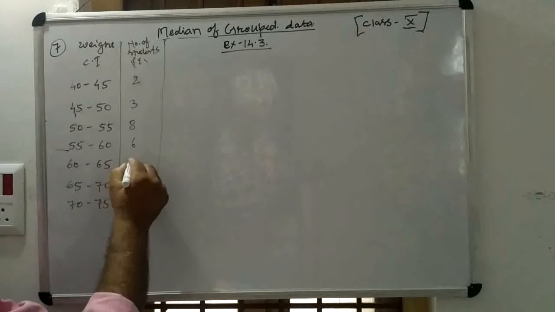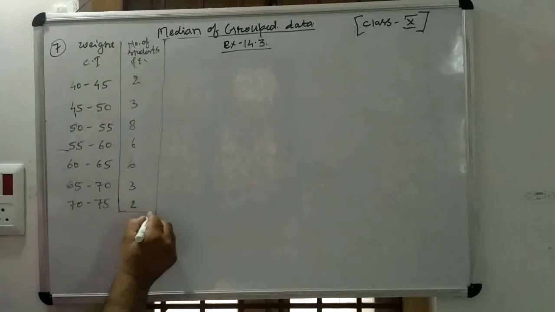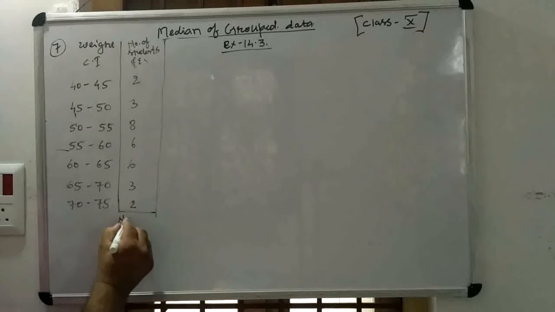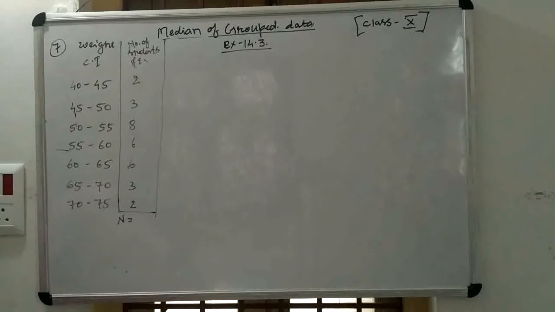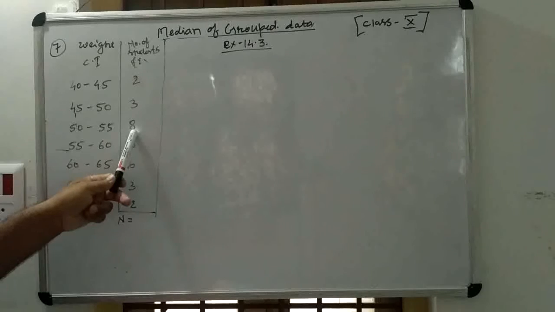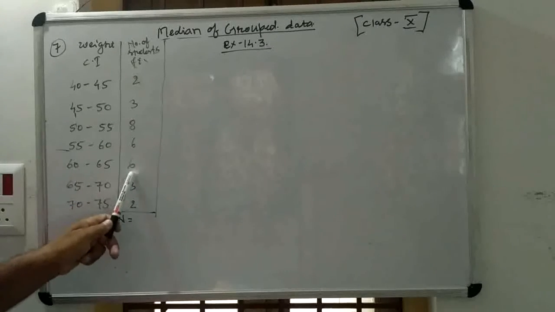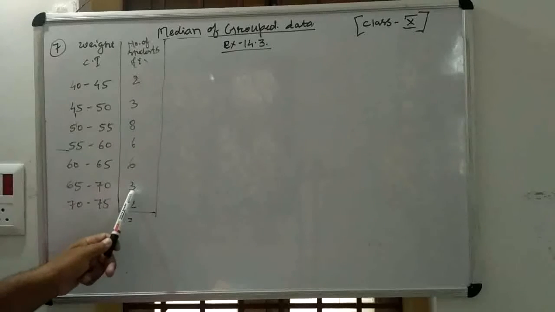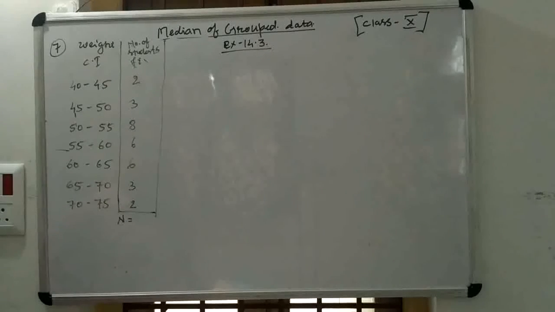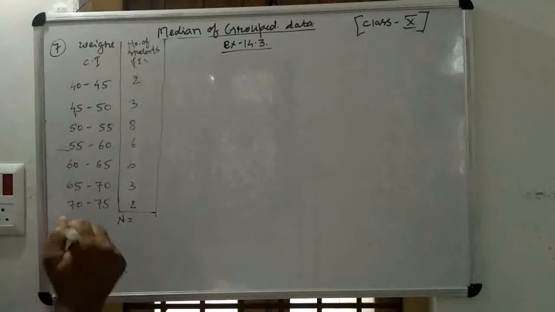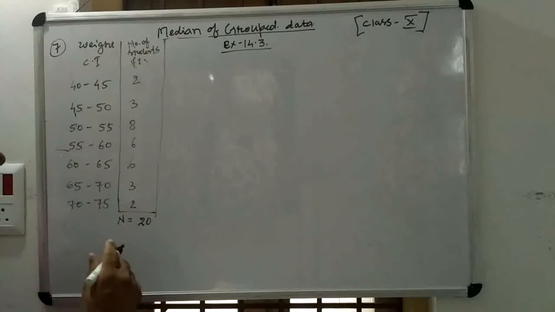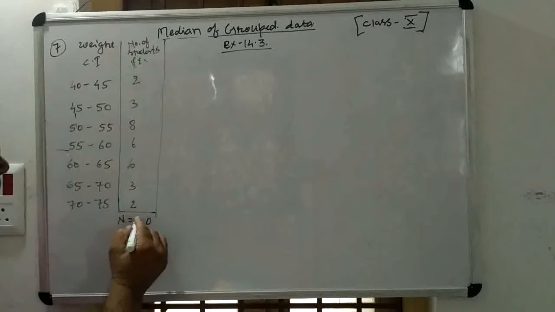Now when you add it together, n equals 2 plus 3, 5, 5 plus 8, 13, 13 plus 6, 19, 19 plus 6, 25, 25 plus 3, 28, and 28 plus 2 is 30.